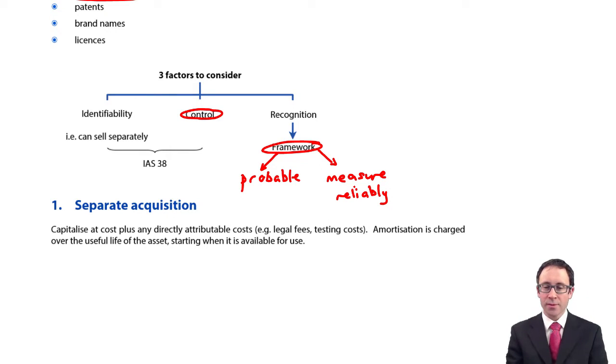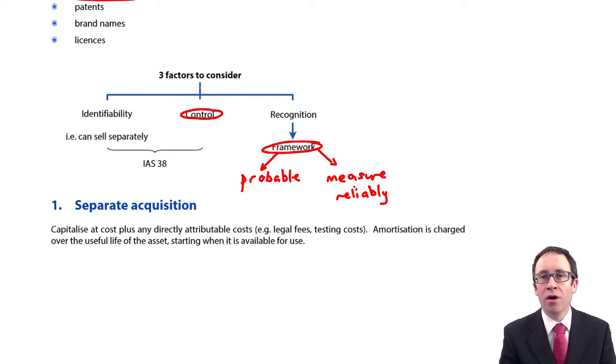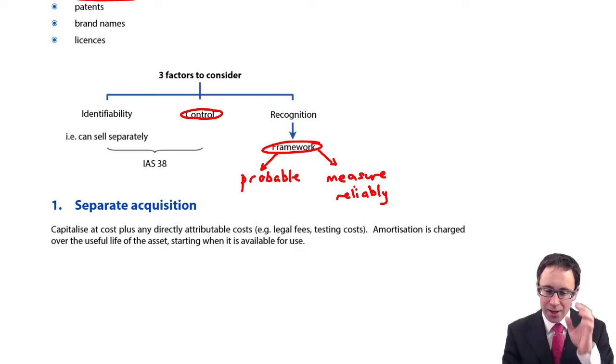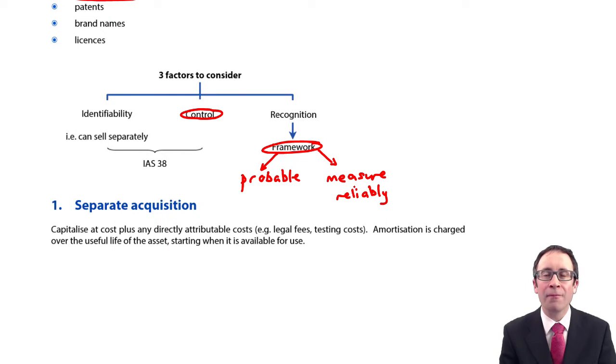Okay. So is it more likely than not that you're going to generate those benefits? Well, with a patent and with a license, yes. Because you wouldn't have acquired the patent or the license if you weren't going to get benefits from it. And then in terms of the reliability of the measurement criterion, that's where the brand name falls down.